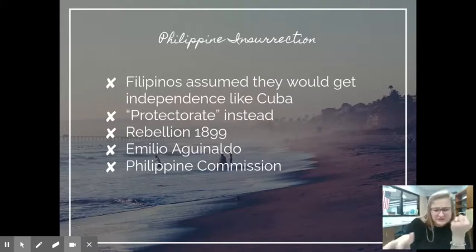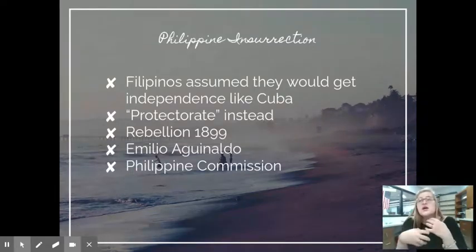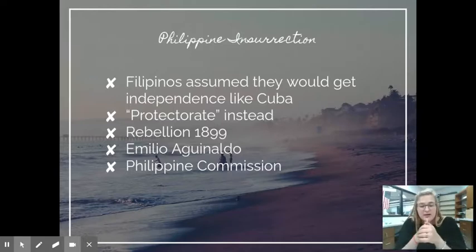They wage this vicious, secret guerrilla warfare that American troops just aren't capable of keeping up with. So there's tons of atrocities, and Filipinos are killed in the masses. 57,000 are just massacred in this short little insurrection that lasts about 2 years. So we're going to have a big fight in American politics over whether to annex them as a territory, keep them as a protectorate, set them free, make them a state, and it just becomes a big issue.